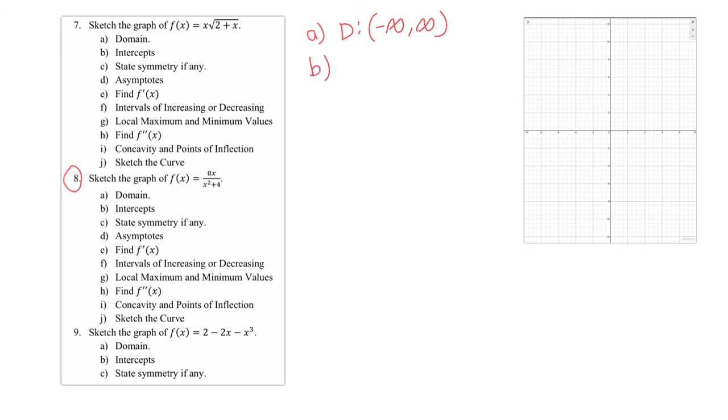B. What are the intercepts? Well, the intercepts are the places where the function crosses the x or y axis. So we know it crosses the y-axis when x is 0. So when x is 0, it turns out that y is 0. So we know that (0, 0) is a point on this particular graph.